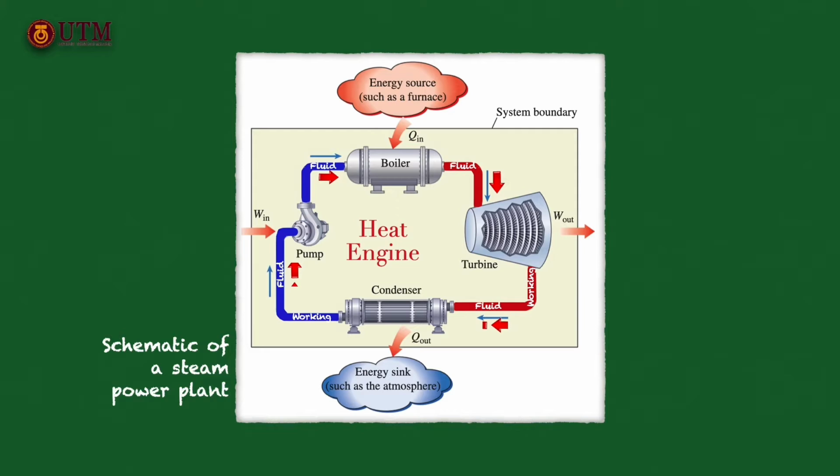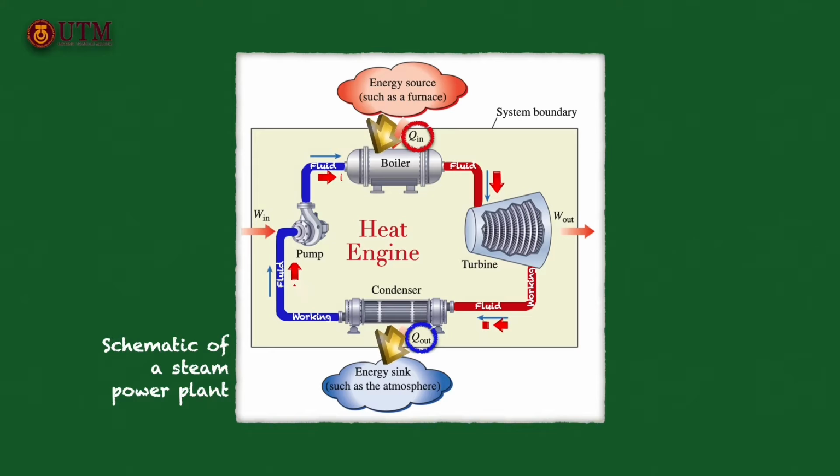The various quantities shown in this figure are as follows. Q in is the amount of heat supplied to steam in the boiler from a high temperature source, usually from a furnace. Q out equals the amount of heat rejected from steam in a condenser to a low temperature sink.